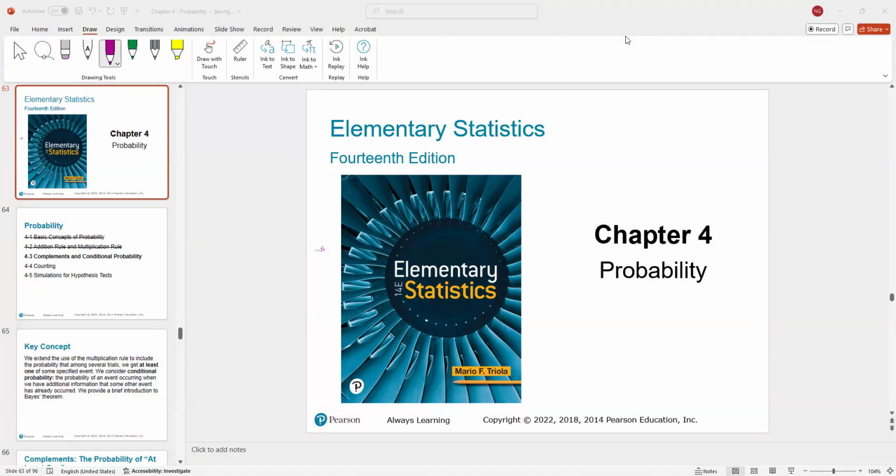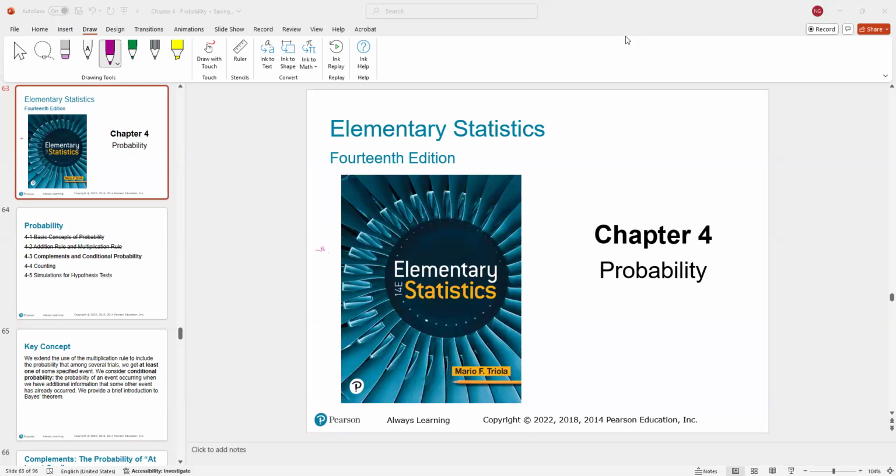In 4.1 we talked about some basic concepts of probability, in 4.2 the addition rule and multiplication rule, and in section 4.3 we're going to continue reviewing complements and conditional probability. Those are very important concepts so far. If for some reason you missed them, I strongly advise you to go back and watch the first two videos.